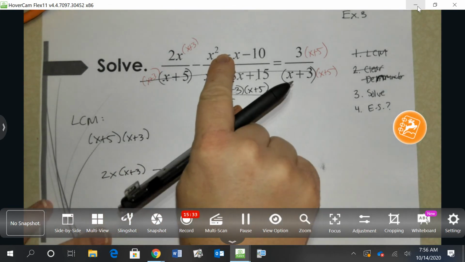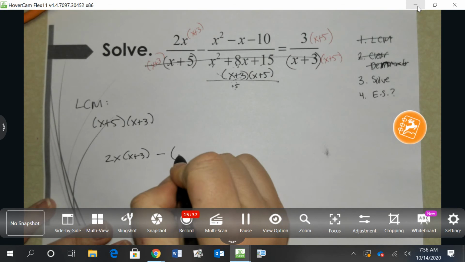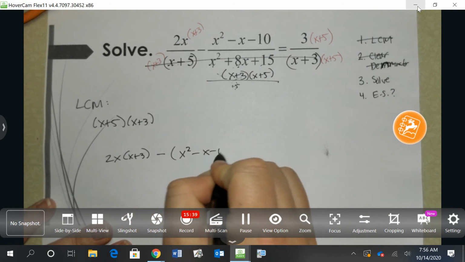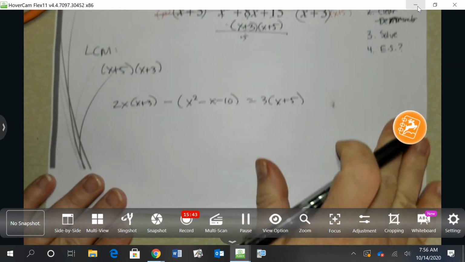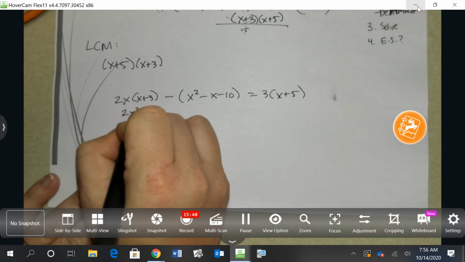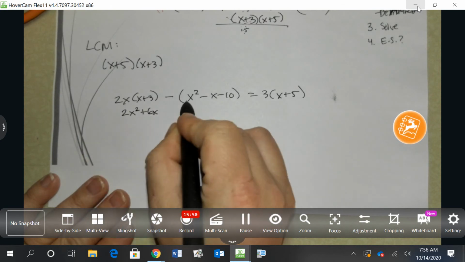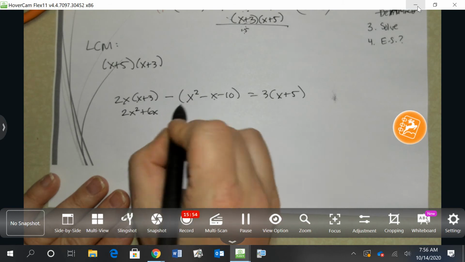Okay, this is tricky. See how there's a negative outside that has to apply to all of this? I'm going to put it in parentheses so it's not forgotten. Distribute 2x squared plus 6x. Everything, when it gets multiplied by the negative sign out front, is going to change signs.